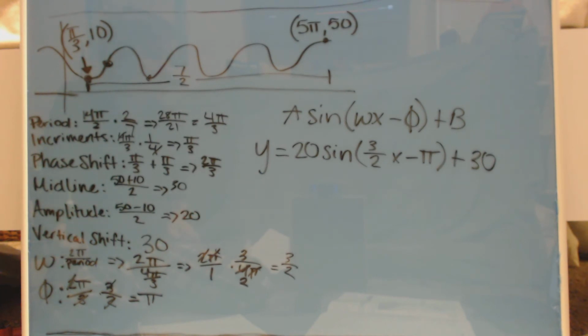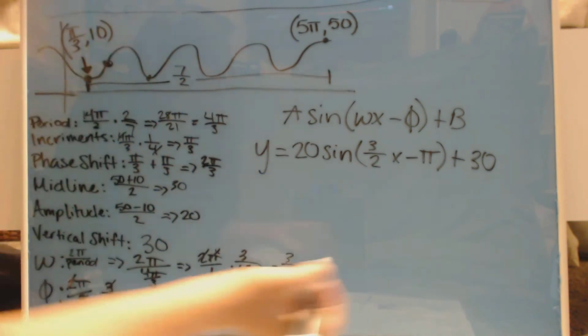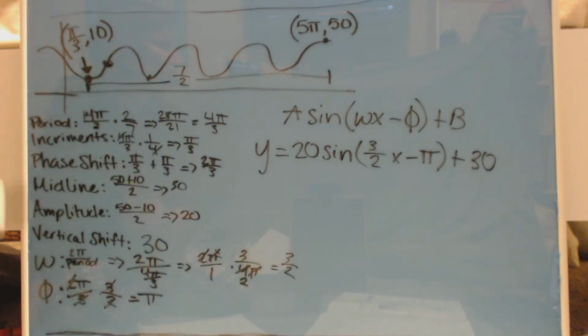If we wanted to do it for a cosine graph, the period, the increments, the amplitude, and omega all stay the same. The only things that change are the phase shift and b. If you wanted to do it for a cosine graph, you can make it super simple on yourself.